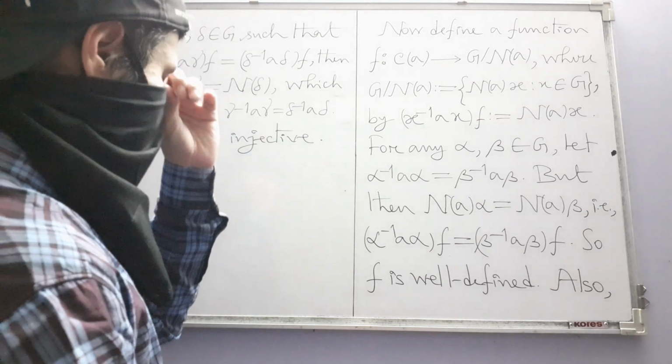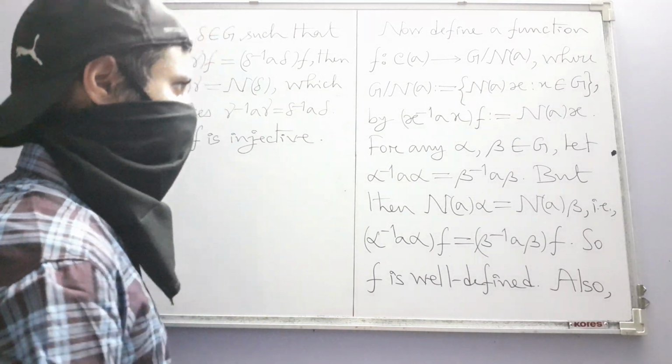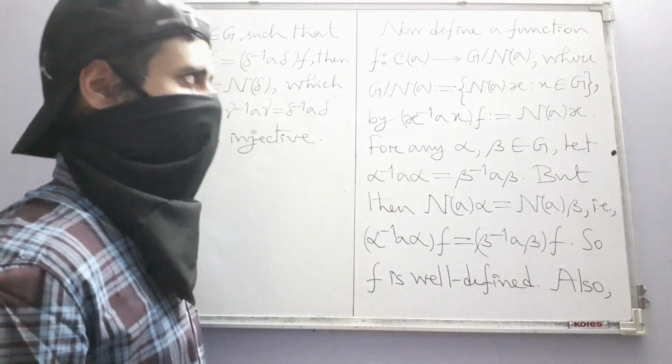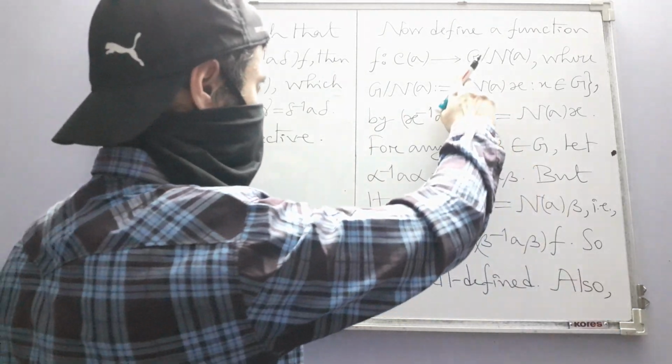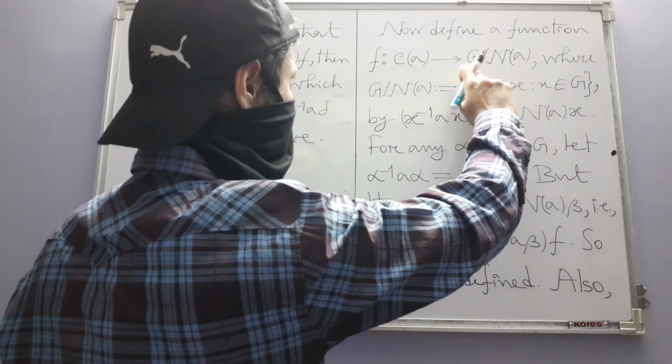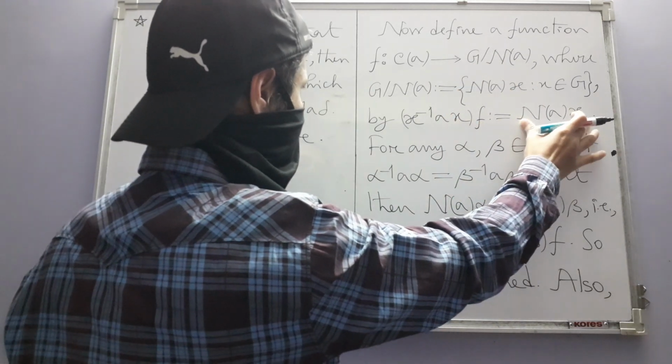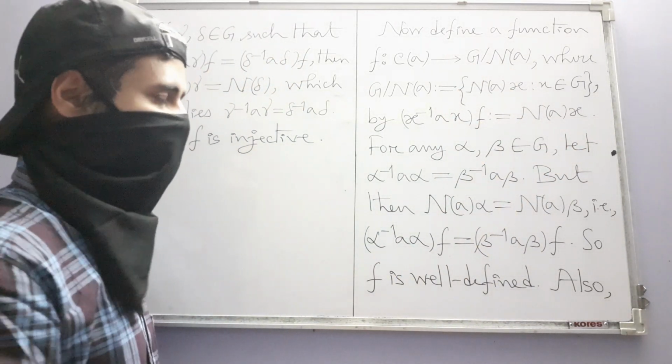And something else is almost obvious, that our f is surjective. Why? Because you choose any element in this second set, it looks like this, but then what should be its inverse image?